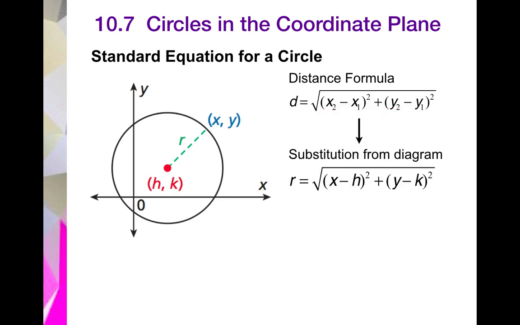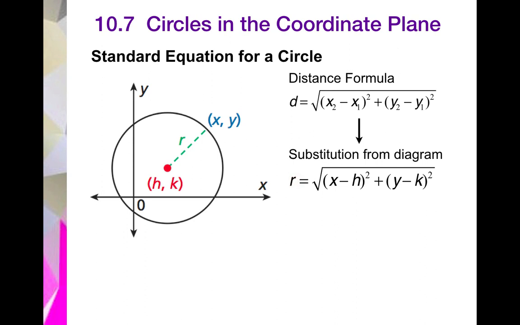Then we just take that and substitute these points. So we have X, Y and we have H, K, and we just put them in for the X2, Y2, X1, Y1. And the distance from here to there is going to be the radius.